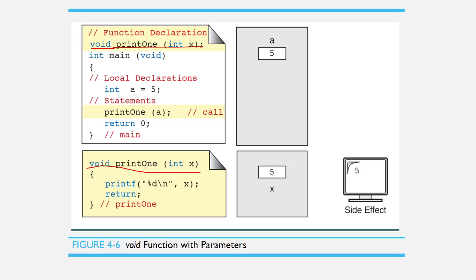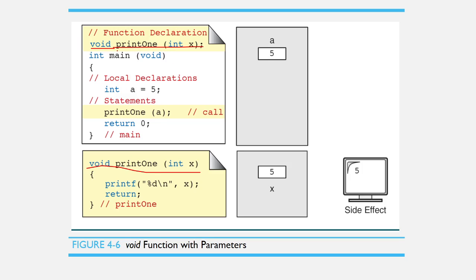So it must be big O. Therefore, your function call and your function definition must be the same: function declaration print1, function call print1, and function definition print1.